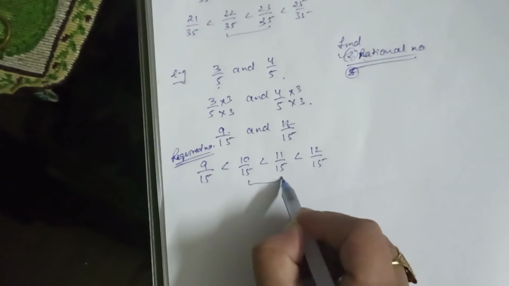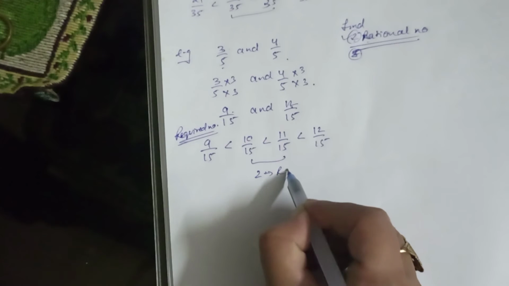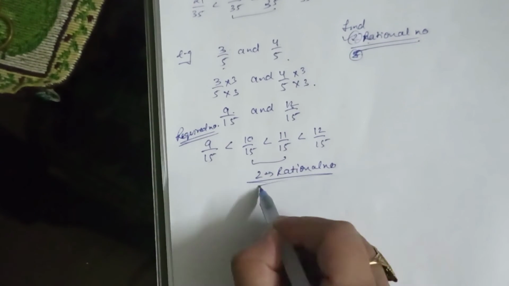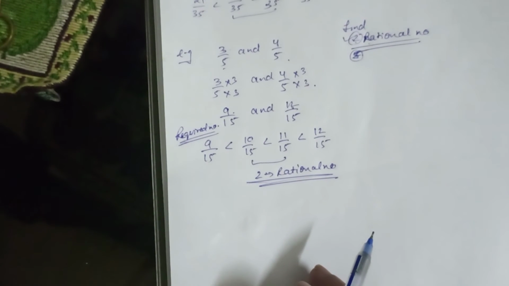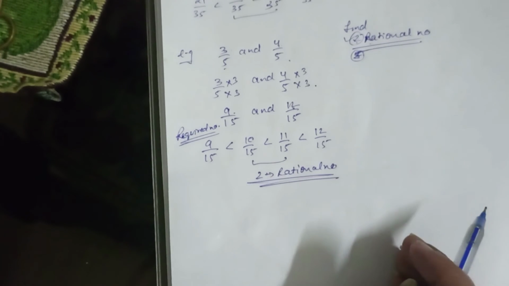So exactly two numbers you will obtain: 10 by 15 and 11 by 15. These are the two rational numbers which you need to find. If you want to find three numbers, then multiply by 4. If you want to find 5 numbers, then multiply by 6. Okay, so these are the examples.